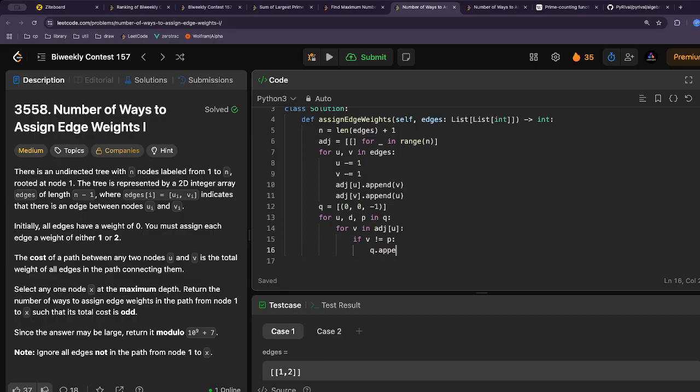then we want to append B with depth + 1 and with U as the parent, and we want to calculate the max depth.